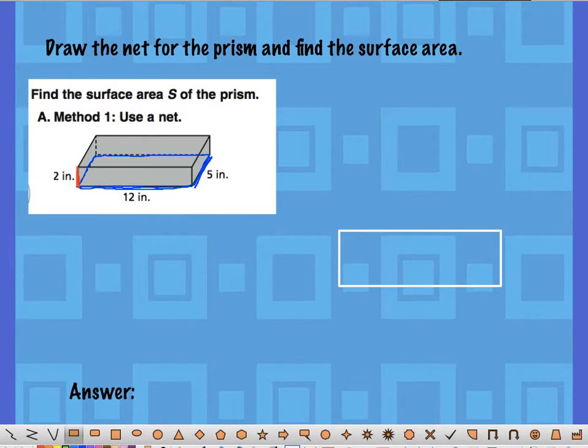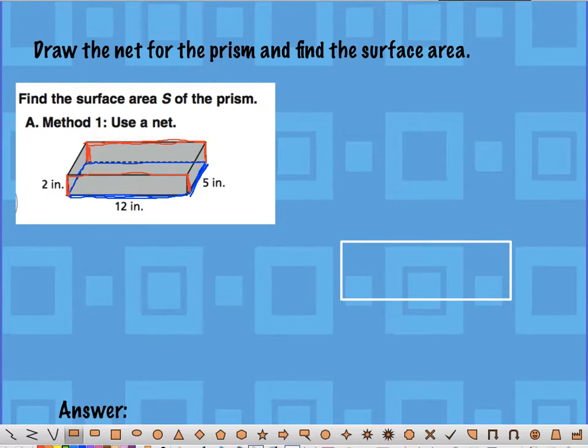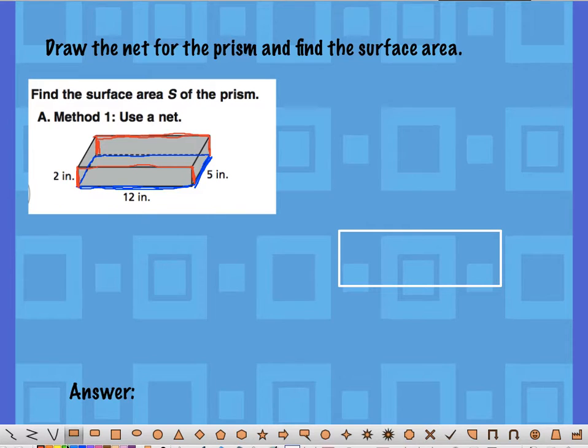Okay, and then now I actually have a wall here, and that's going to match the wall that's over here. Okay, because those have to be congruent. So I'm going to draw those walls. And they're here and here.